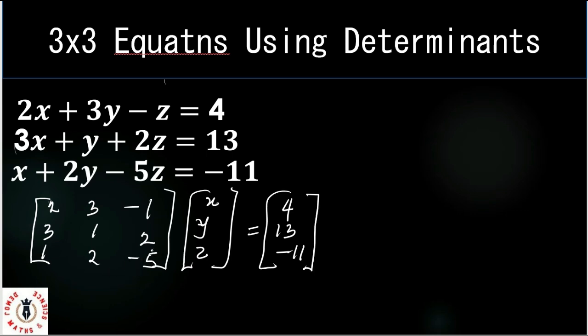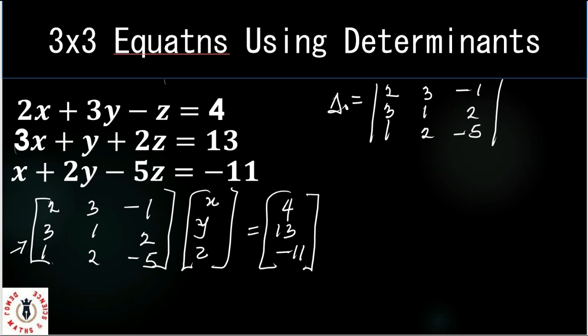Now, the next thing we'll do is to pick the first matrix to get our first determinant. I'll tag that as delta 0, so that will be the determinant of 2, 3, minus 1, 3, 1, 2, 1, 2, minus 5.